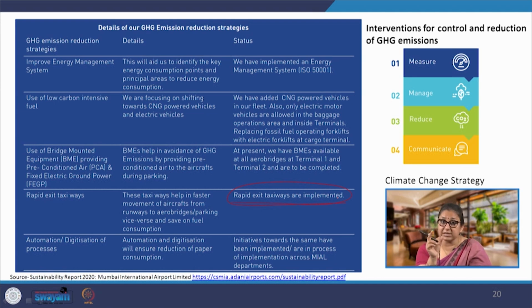So, the LTO cycle is again a major contributor of scope 1 emissions, and this is again influenced through design, not directly building design as such, but overall design of the airport. So, we are talking about some of the design interventions to reduce the electricity consumption of the airport and thereby reducing the scope 2 emissions here.